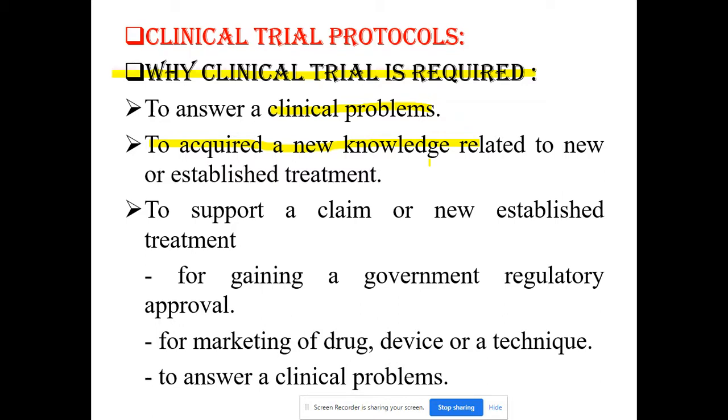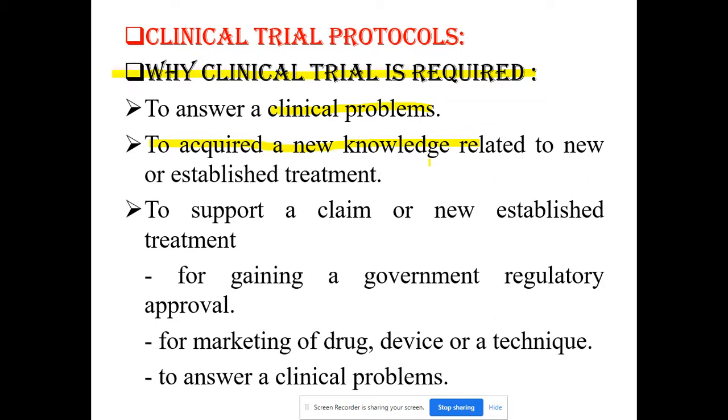If you are performing a clinical trial study, then its results will definitely support the claims which we are going to note down or report by means of our clinical trial study. Try to understand, the results of a clinical trial study will be helpful to claim the outcomes of the treatment.